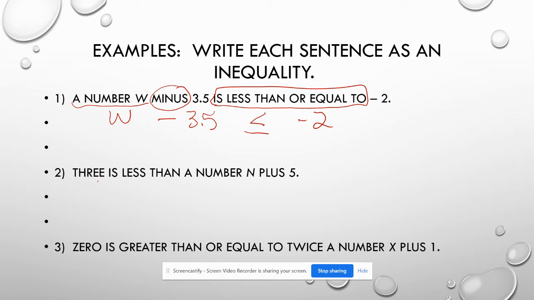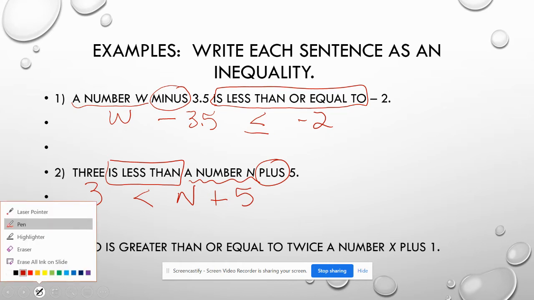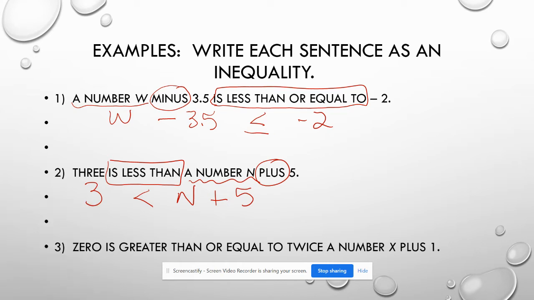Number 2: 3 is less than, so that's the symbol, a number n plus 5. Our third example: 0 is greater than or equal to, so we have this symbol.